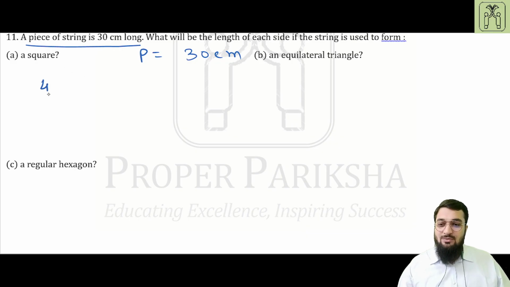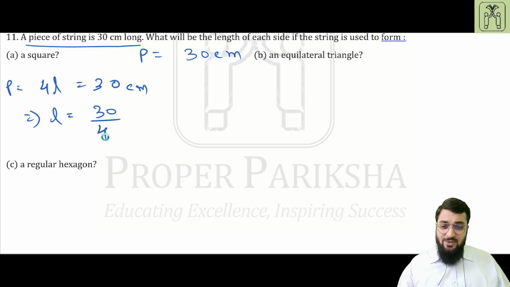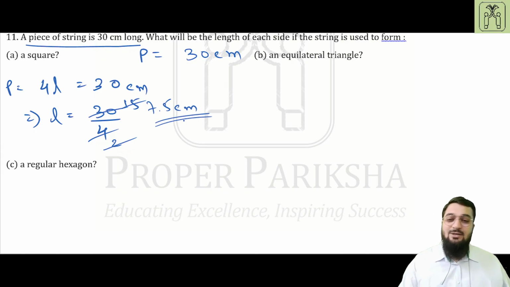So for a square, we will write 4L is equal to perimeter is equal to 30 centimeters, and after that this implies L is equal to 30 divided by 4, and that will be 7.5 centimeters. Okay. Next is an equilateral triangle.